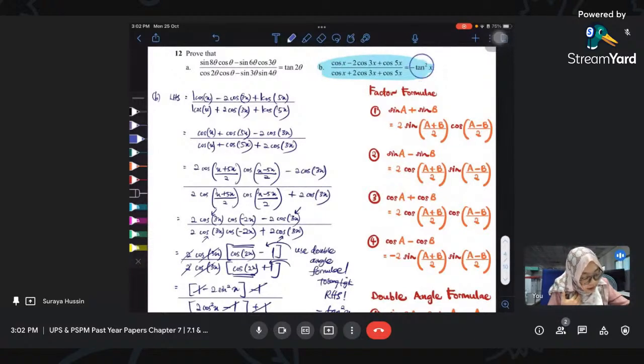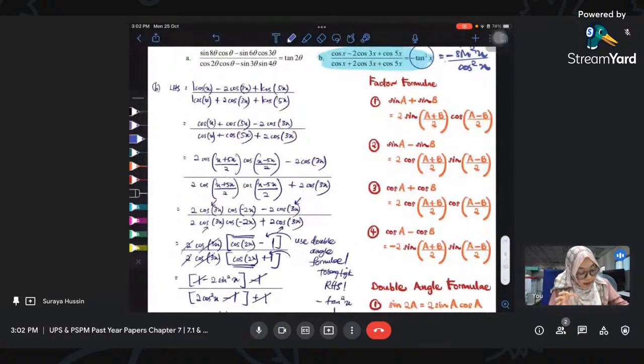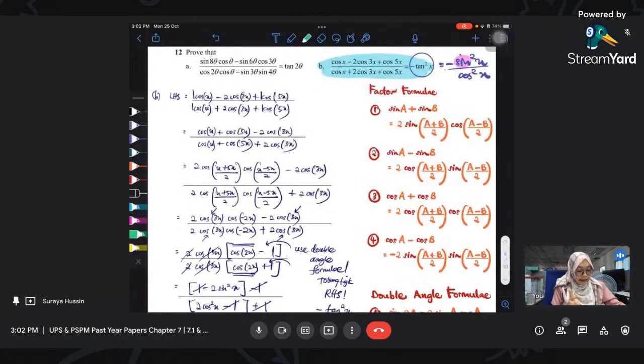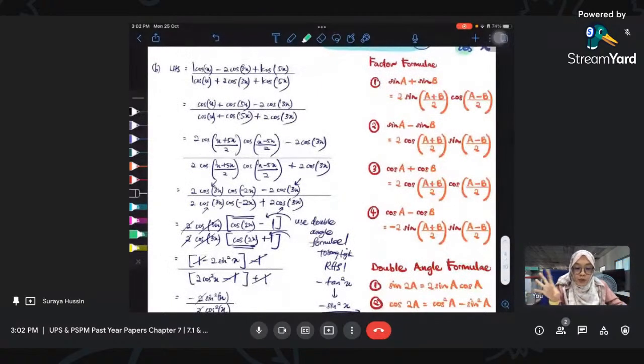Negative tan here is also equals to negative sine squared x over cos squared x. So at one point you mesti kena fikir, oh aku kena pastikan atas dia sin, bawah dia cos. See, that is how you gotta play with the formula that you want to use.